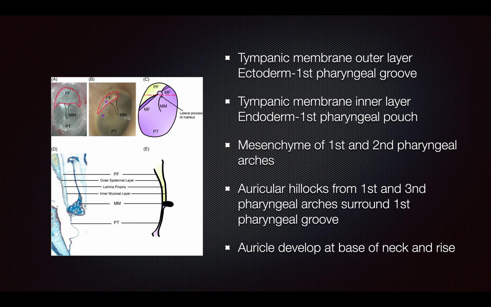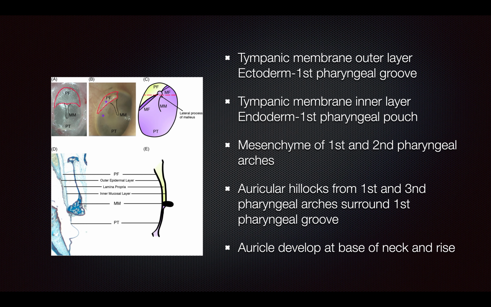The tympanic membrane's outer layer is the ectoderm, and it forms from the first pharyngeal groove. The tympanic inner layer is going to form from the endoderm of the first pharyngeal pouch. And the mesenchyme of the first and second pharyngeal arches will play a role in formation, while the auricular hillocks from the first and third pharyngeal arch will surround the first pharyngeal groove.